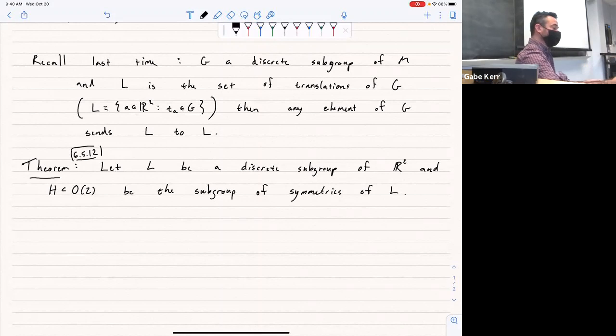So it's a subgroup of O2. O2 are the linear transformations of the plane that preserve distance, the linear isometries.